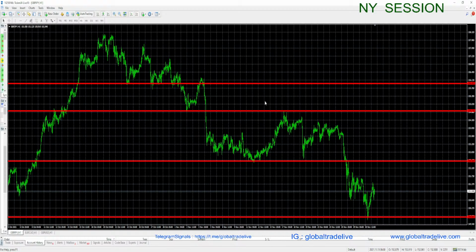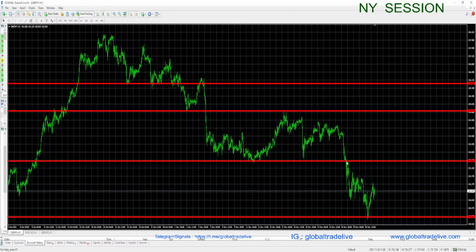What I observe with GBP right now is every time it breaks down below support, it goes back to test that level in the form of a resistance, right? It broke this, it tested that.